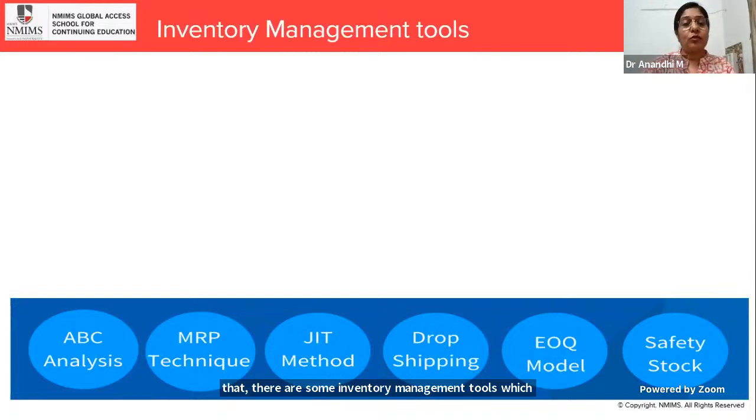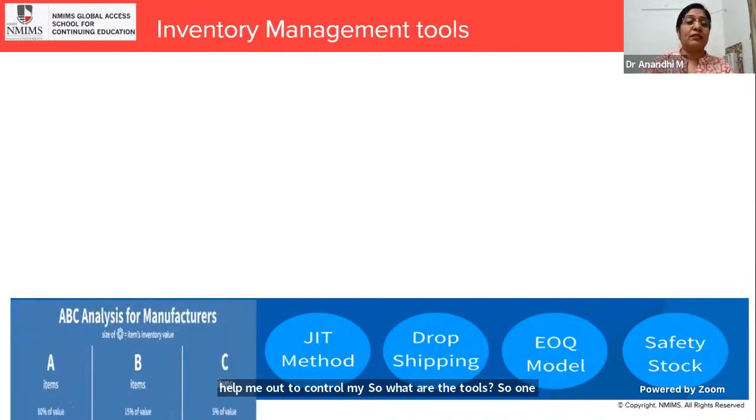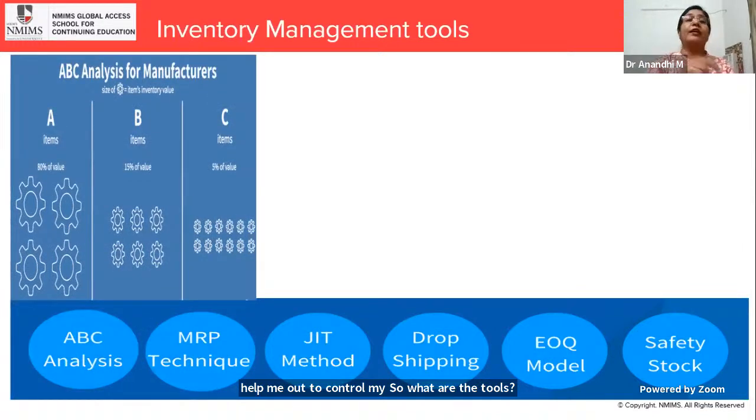So what are the tools? One, again the best method is the ABC analysis, which we already saw, classifying the items under A, B, and C category. So A category items are 80% of the value. So you will have very strict control. You will assign a designated level of safety stock.